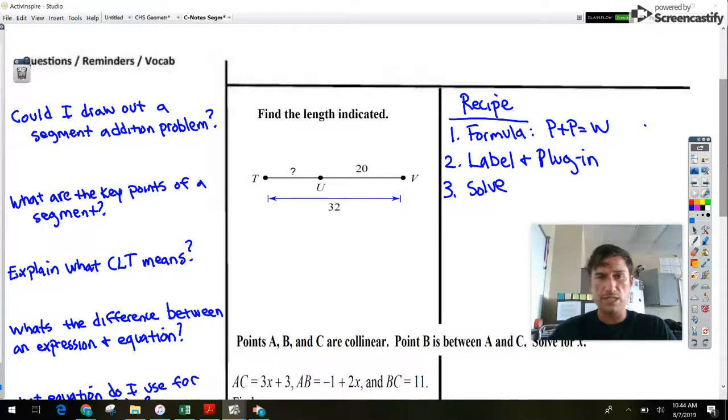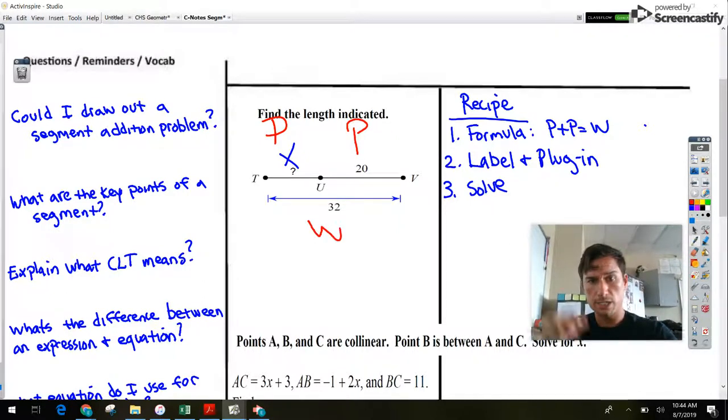To find the indicated length, there's our X. We label up our parts: P, P, W. That is the entire segment TV, so that would be X plus 20. That's an expression, but it equals 32, so there's an equation.